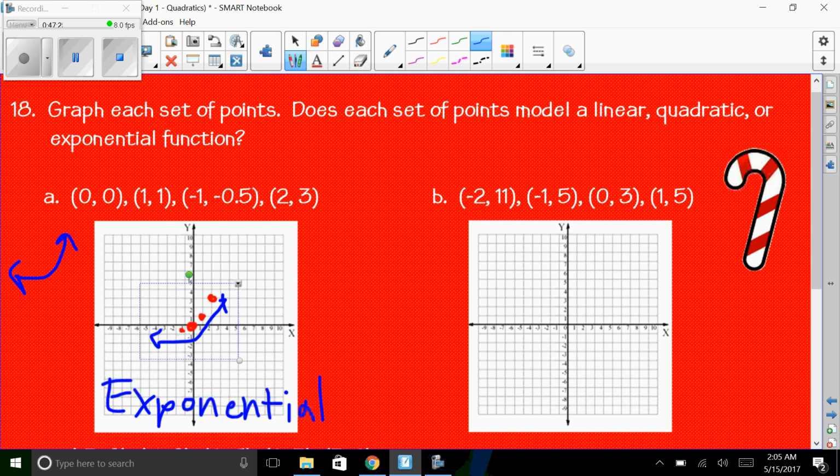Alright, let's look at the second one. Negative 2, 11, which is way up here. Negative 1, 5, 0, 3, and then it goes back up to 1, 5. So this one looks like a U-shaped graph, so we're going to call that quadratic.